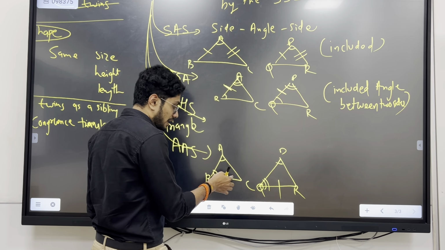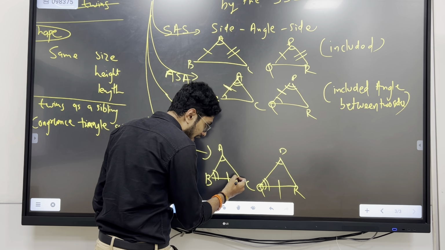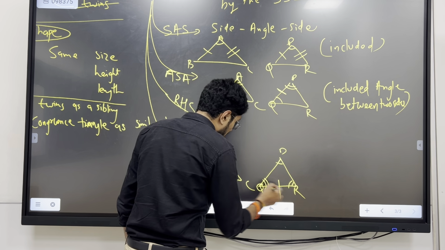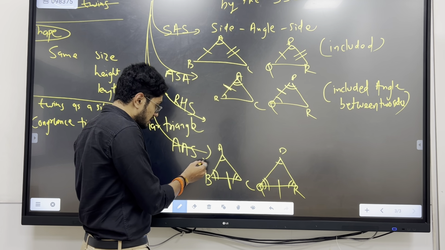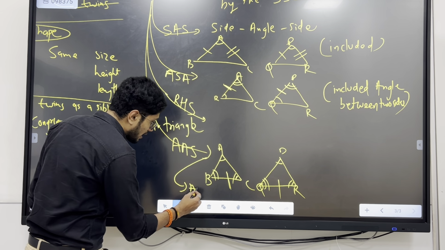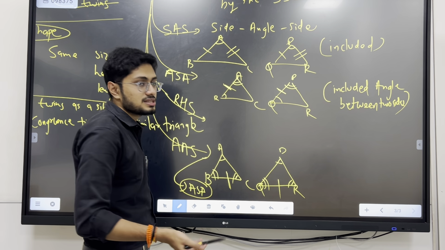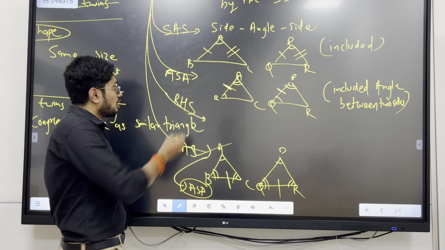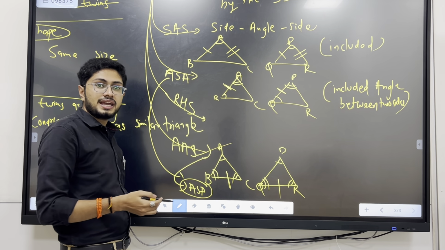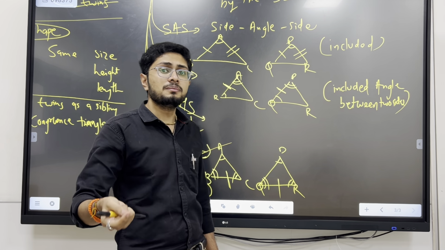If we find this angle C, which is unknown to me, by the angle sum property, we convert this into ASA, and it becomes easier for us. So you can use either AAS only, or you can use ASA by your angle sum property.